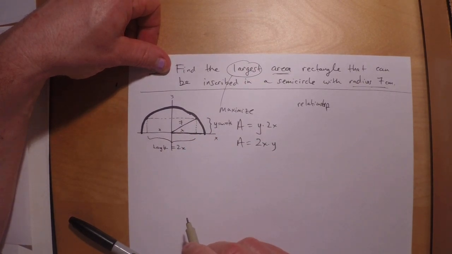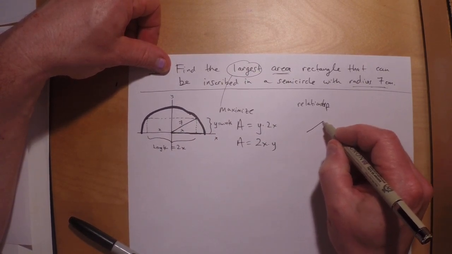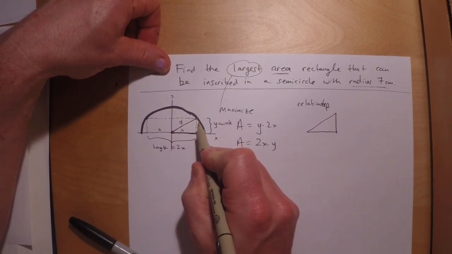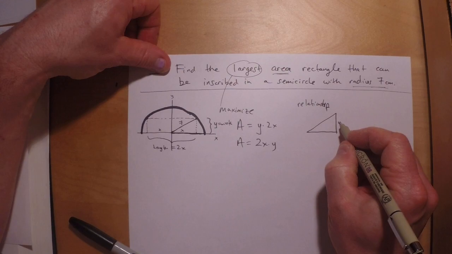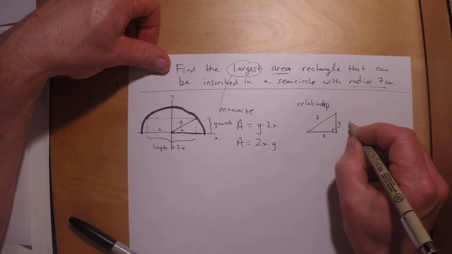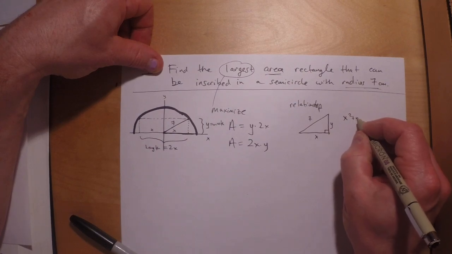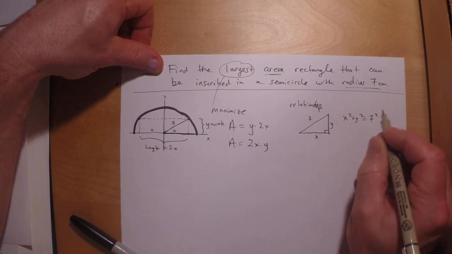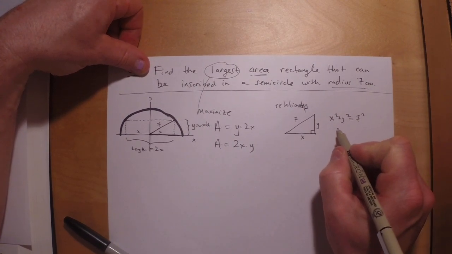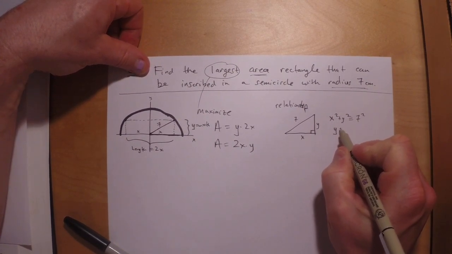That's 7. So looking at that picture, the way that I've drawn it from here to there, there's a relationship between x and y. There's a y, there's an x, that's a 7, this is 90 degrees. That just screams x squared plus y squared equals 7 squared. And I'm going to solve this for x or y. Probably solve it just because out of habit for y.